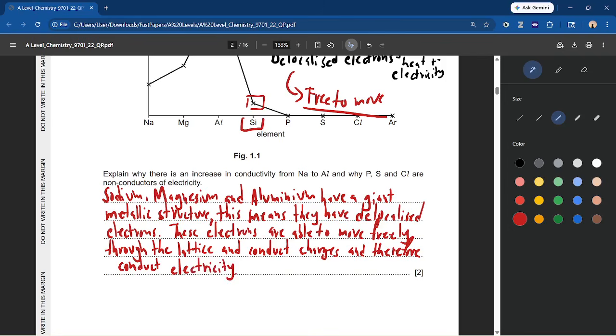So very simple, nothing too complicated. We've got a 2-mark question over there, and let's move on.